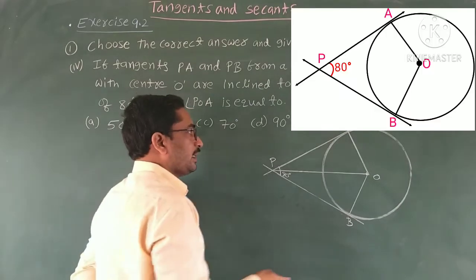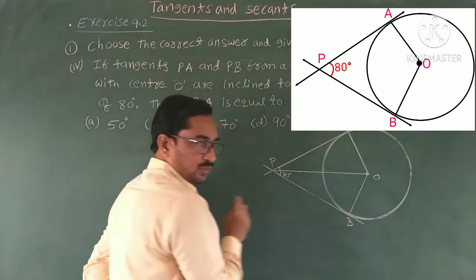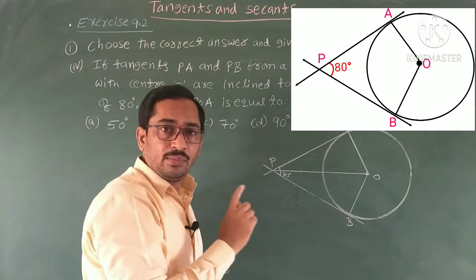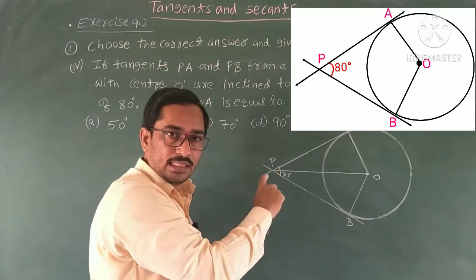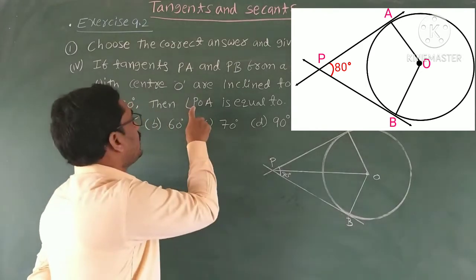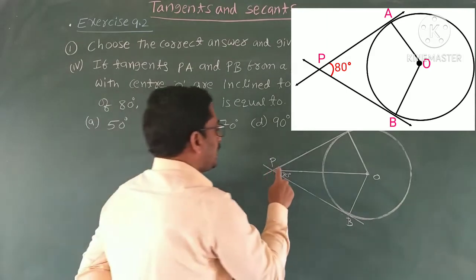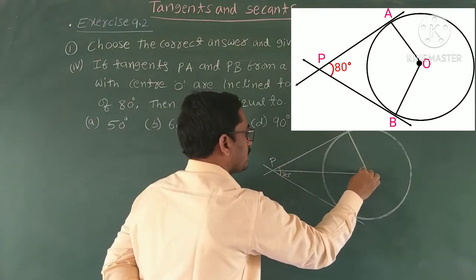See the diagram. For a circle, PA and PB are the two tangents, and the angle between the tangents is given as 80 degrees. So we have to find the angle POA, this upper angle.